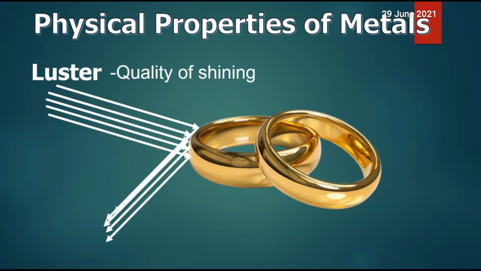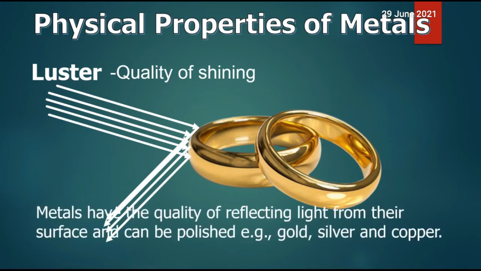So metals have the quality of reflecting light from their surface and can be polished. Gold shines, silver shines, and copper also shines. And therefore, this property of metal is called luster. Or we can say metals are lustrous.